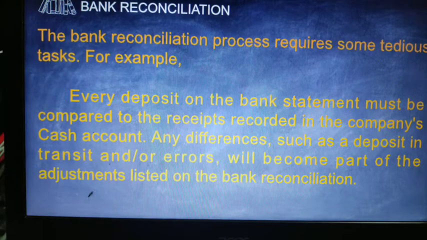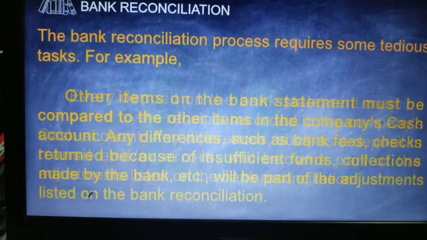What amount is reflected in the company should be reflected on the bank. Any differences such as a deposit in transit or errors will become part of the adjustments listed on the bank reconciliation.